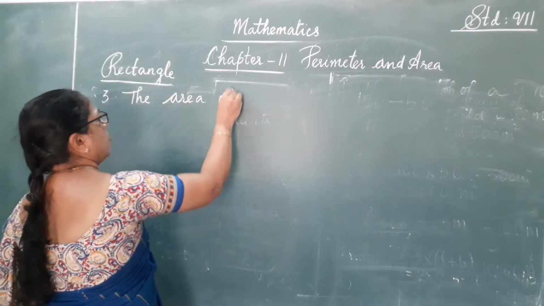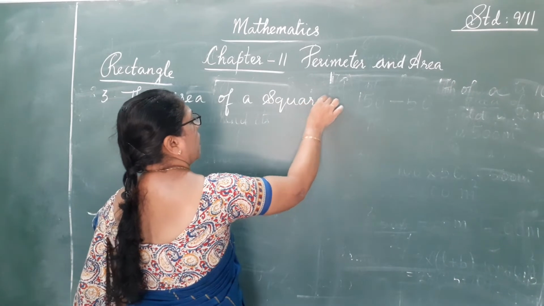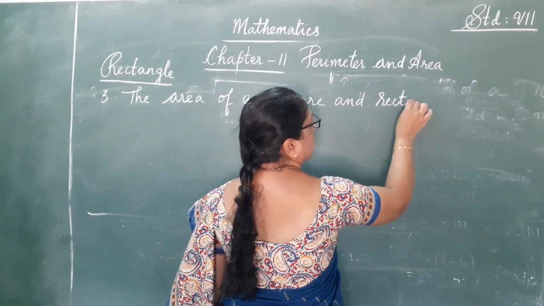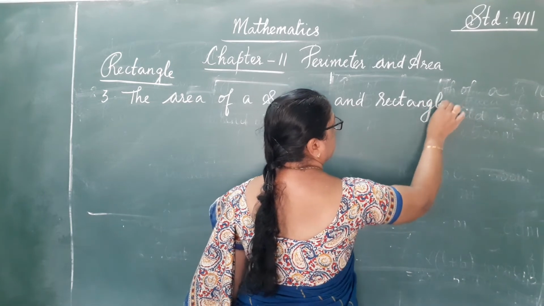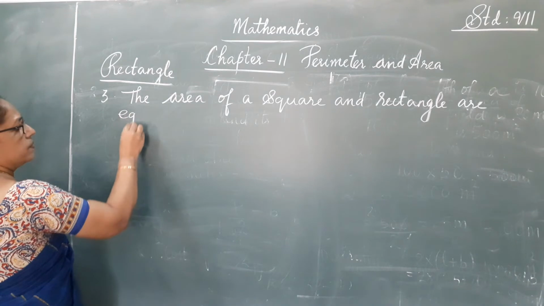The area of a square and rectangle are equal.